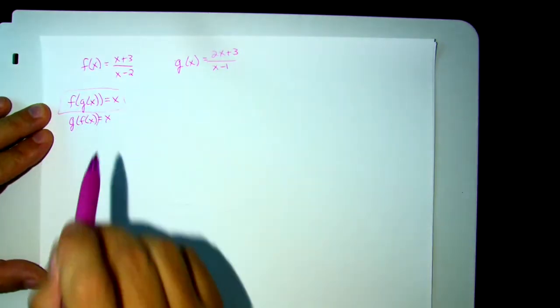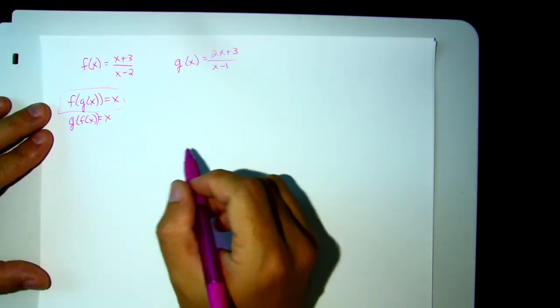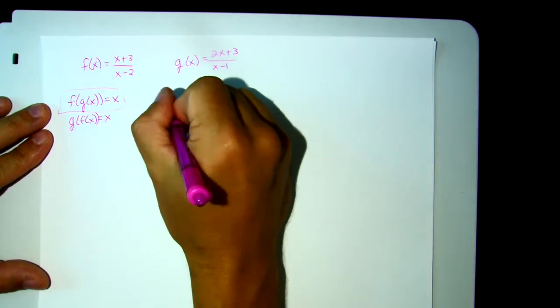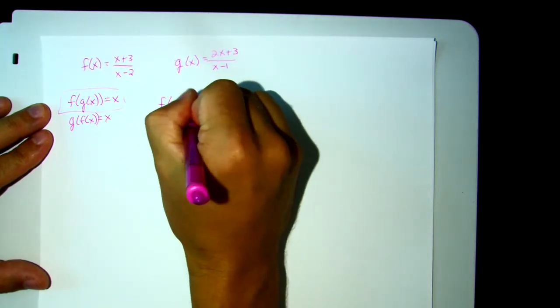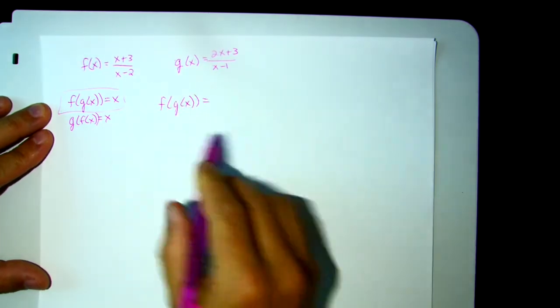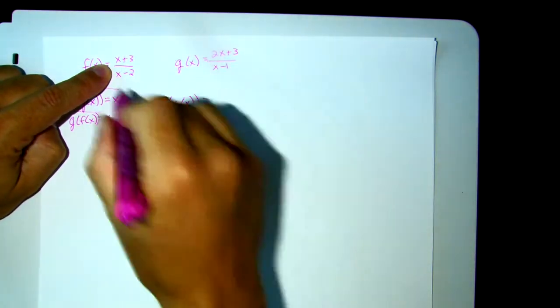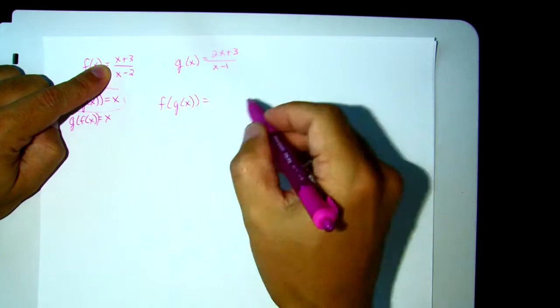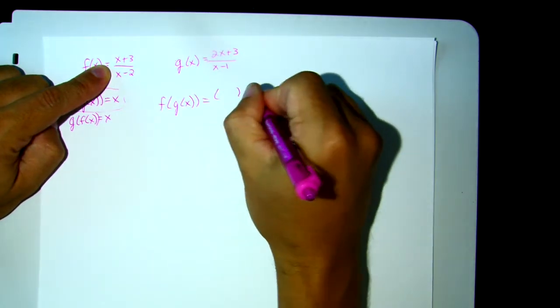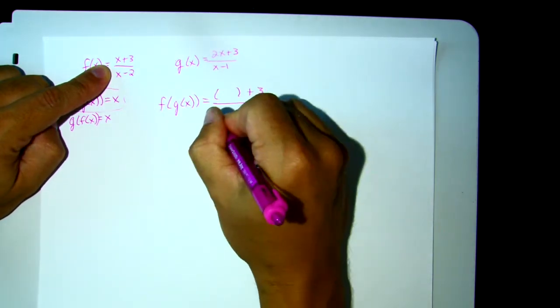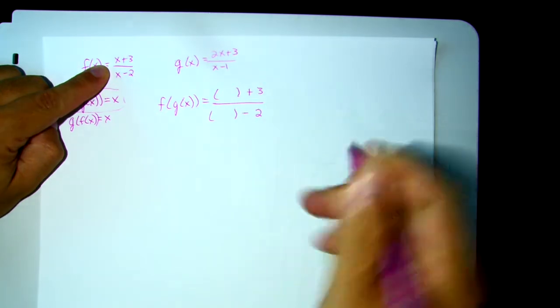So I'm going to do this first one first, to prove that f of g of x equals x. The way I write this is I'll say f of g of x equals, and f is this function right here. So what I'm going to do is write this, but everywhere there's an x, I'm going to put parentheses. There are lots of different ways you can do this.